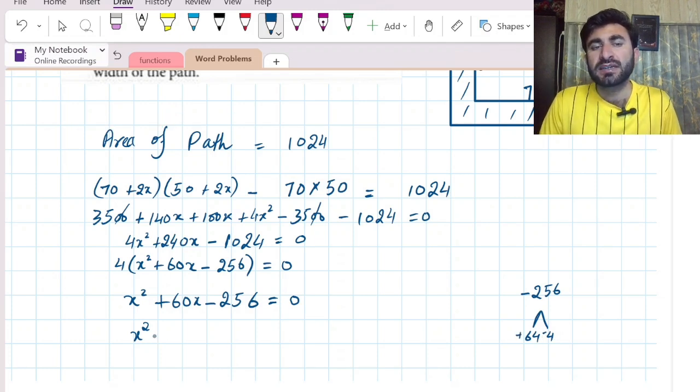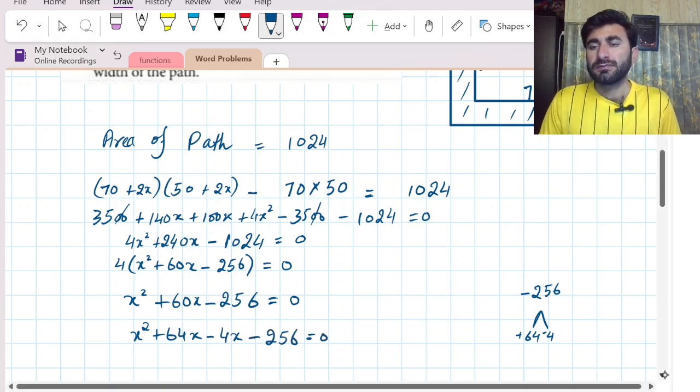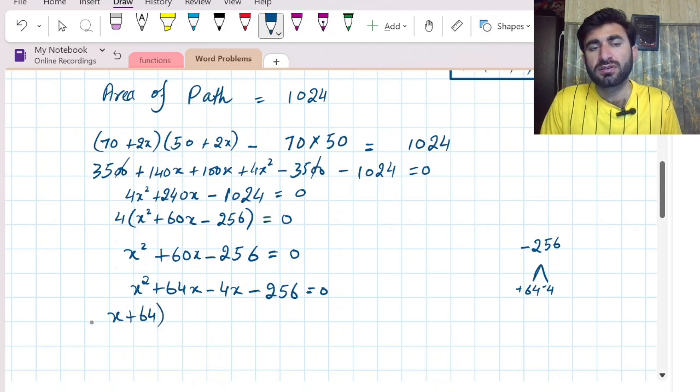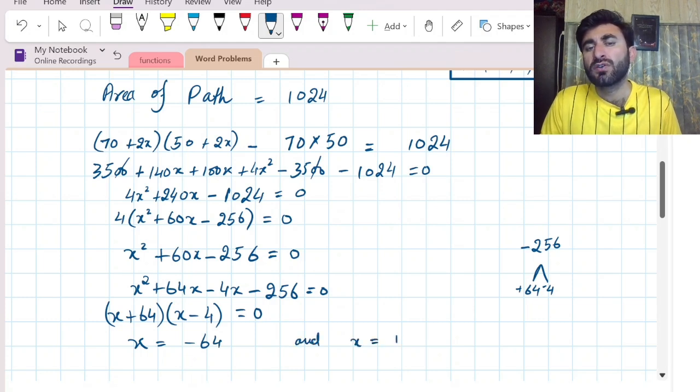So we can write it as x square plus 64x minus 4x minus 256 equals 0. Now by taking the terms common, it will be x plus 64 times x minus 4, which equals 0, and we know the values of x coming over here are minus 64 and x equals positive 4.